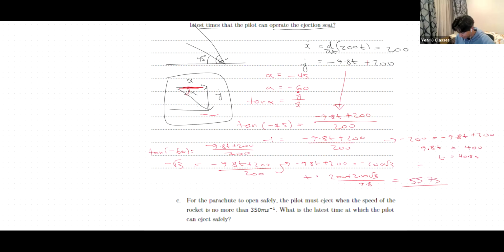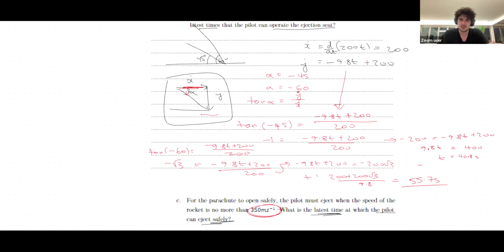Okay, and last part. The pilot must eject when the speed of the rocket is no more than 350 meters per second. What is the latest time at which the pilot can eject safely? The pilot can operate ejection when the rocket is descending at an angle, so it needs to be between that still, right?